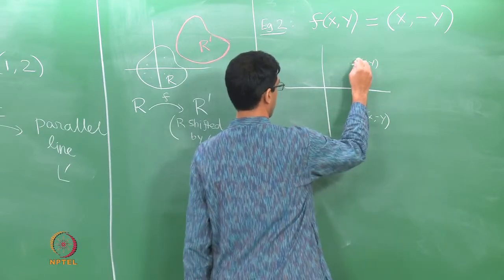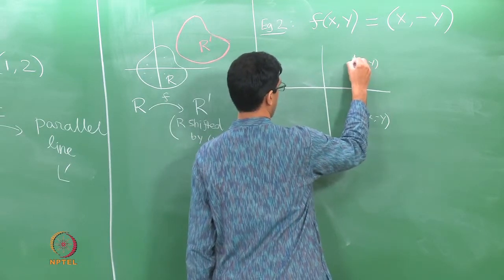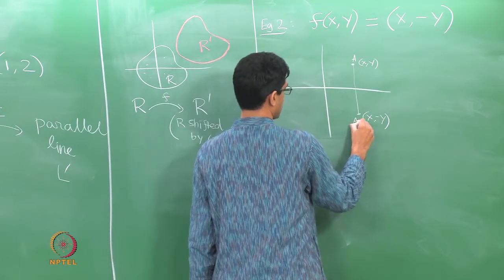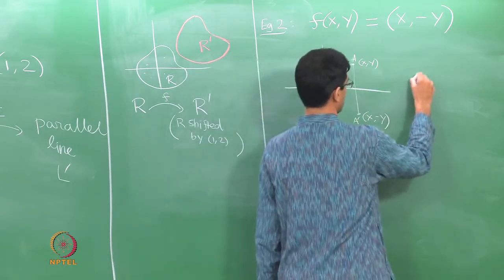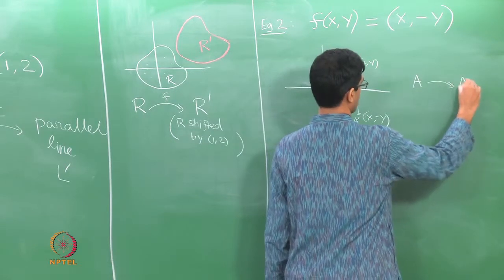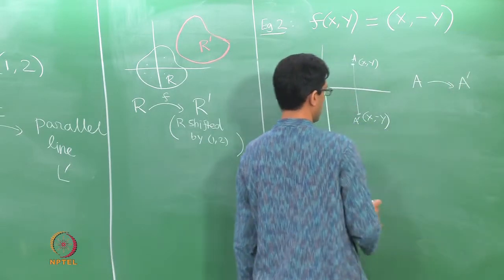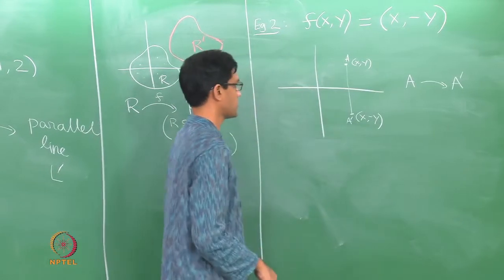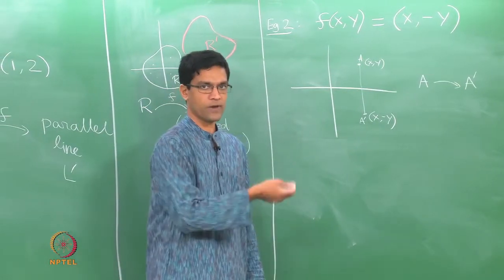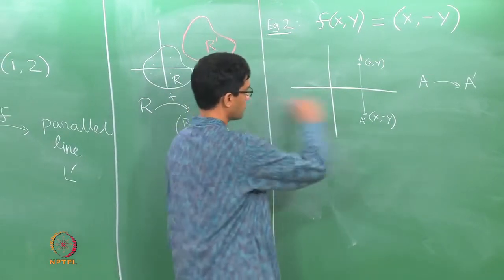Okay. So the point, let's call it a, maps to the point a dash under this function. So a goes to a dash, and what's a dash? Well, one way of describing a dash is to say it is just a reflection of this point a about the x axis.